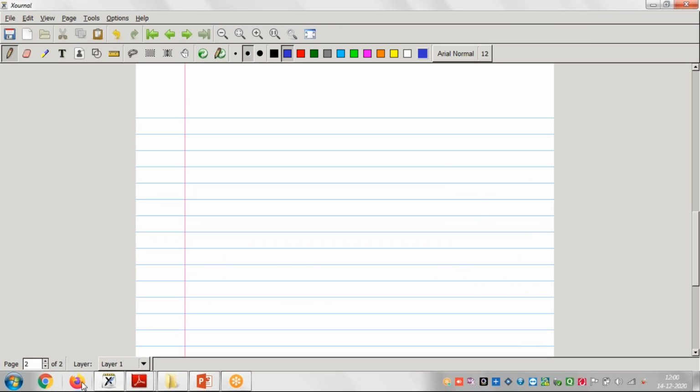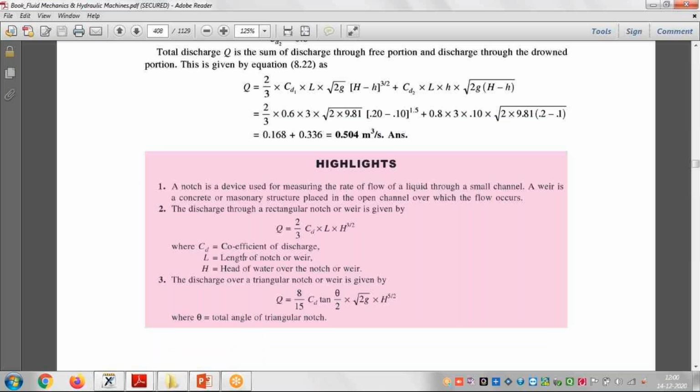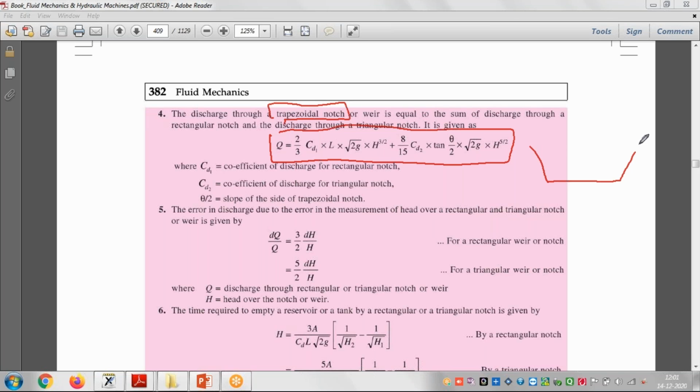Now, again, this is one of the formulas given for the trapezoidal notch. If you see this, if our notch is trapezoidal, a notch weir we can say, right? So this formula can be used for calculating the discharge through a trapezoidal notch. Trapezoidal means this type.